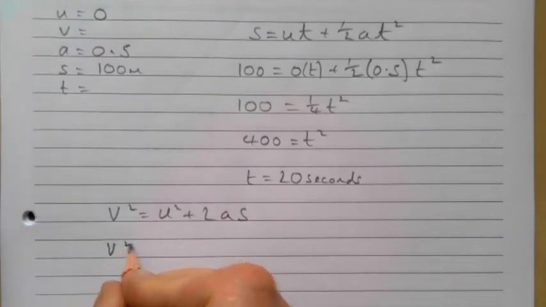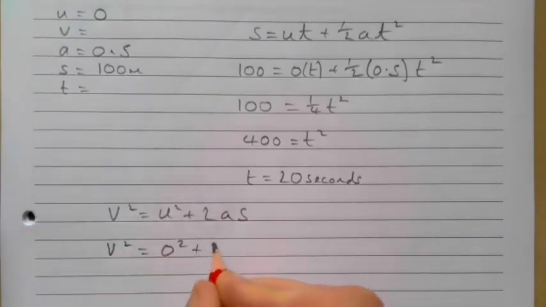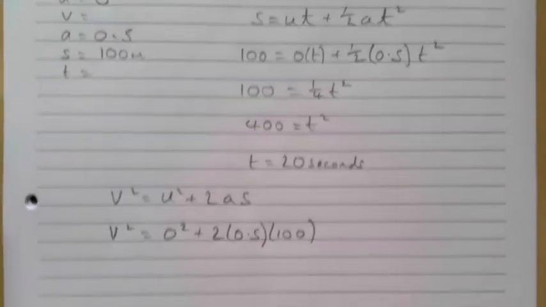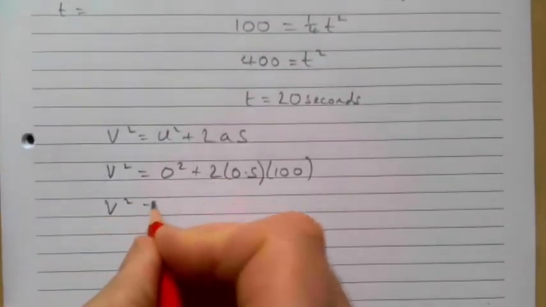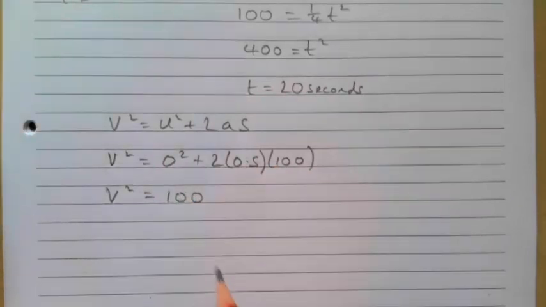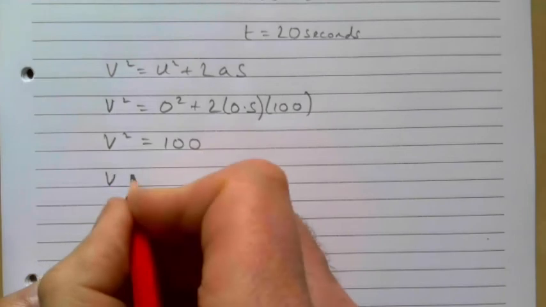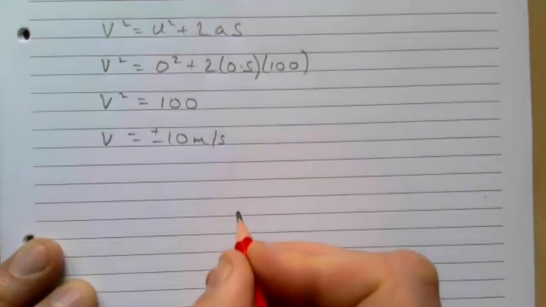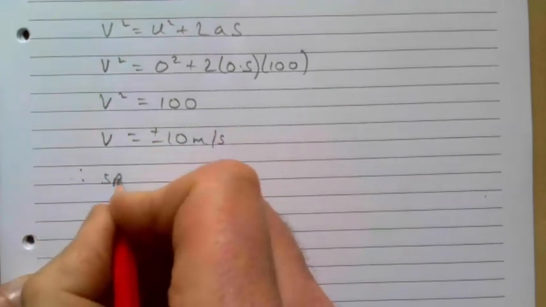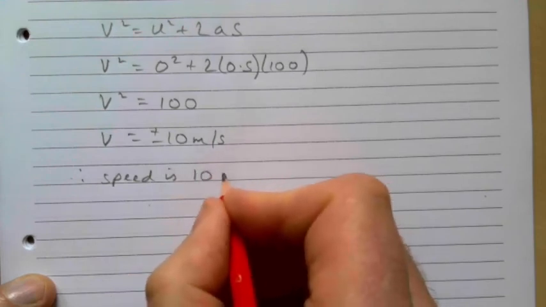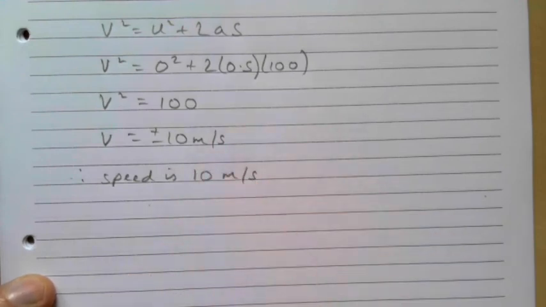V squared equals 0 squared plus 2 times 0.5 times 100. V squared, 2 times a half is just 1, times 100. So we have that, and our V is plus or minus 10 meters per second. Therefore our speed is 10 meters per second.